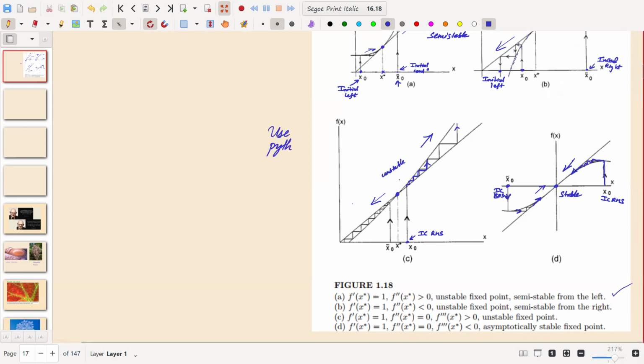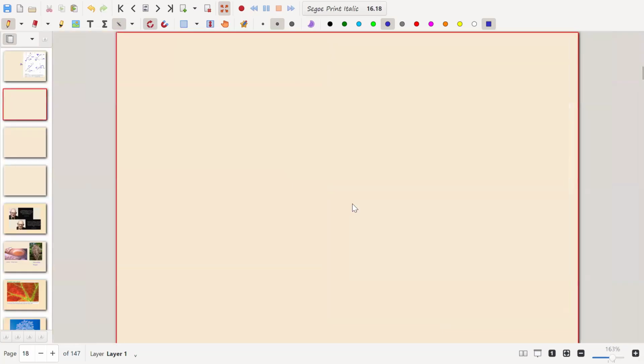I already showed you one of the Python codes where you can plot the cobwebs, the cobweb of a periodic orbit and the cobweb of a chaotic attractor of the logistic map. So you can use cobweb for these 1D maps. Okay. So this is all about the case of non-hyperbolic fixed points.